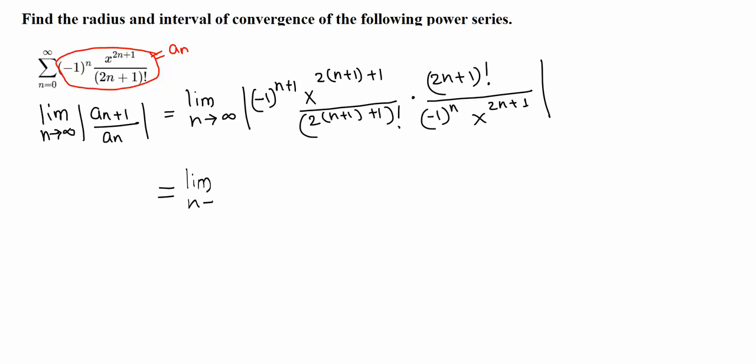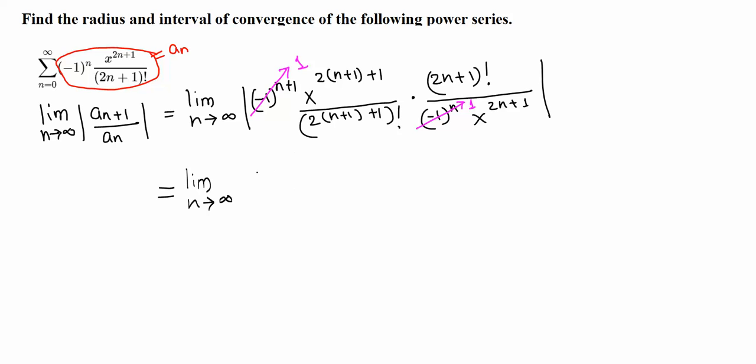When we take the absolute value, the (-1) to the power n+1 always becomes positive, so this will be just 1. Same thing here, so they are gone.